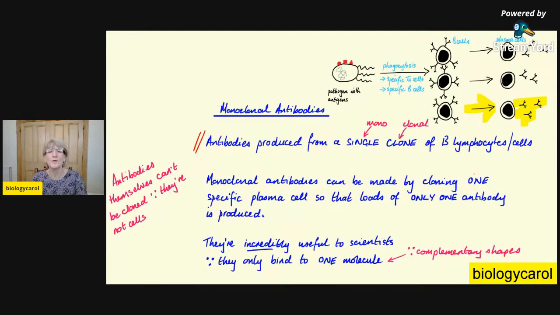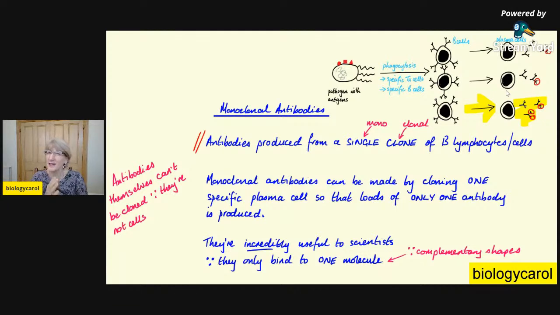And that, of course, is a result of complementary shapes between the antigen binding site on the antibody. So this little bit of the antibody, they are complementary to a particular shaped antigen.